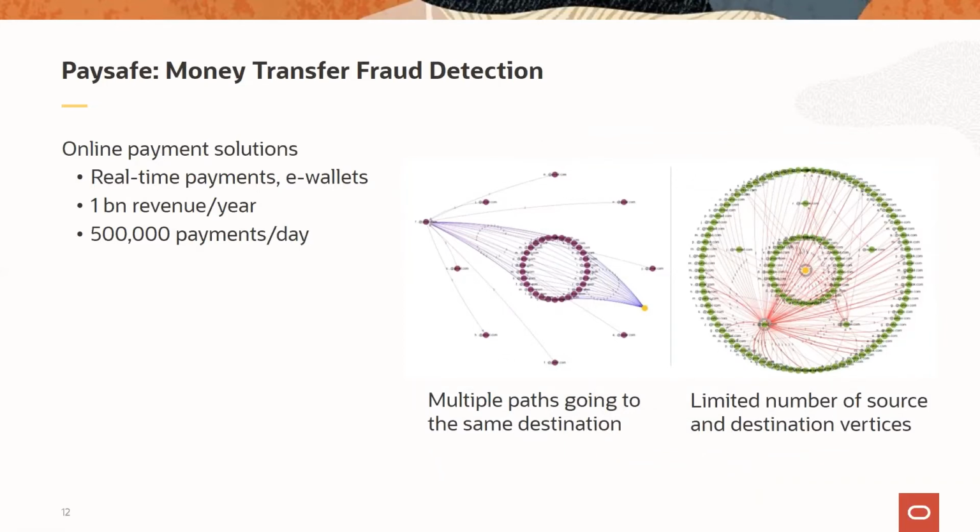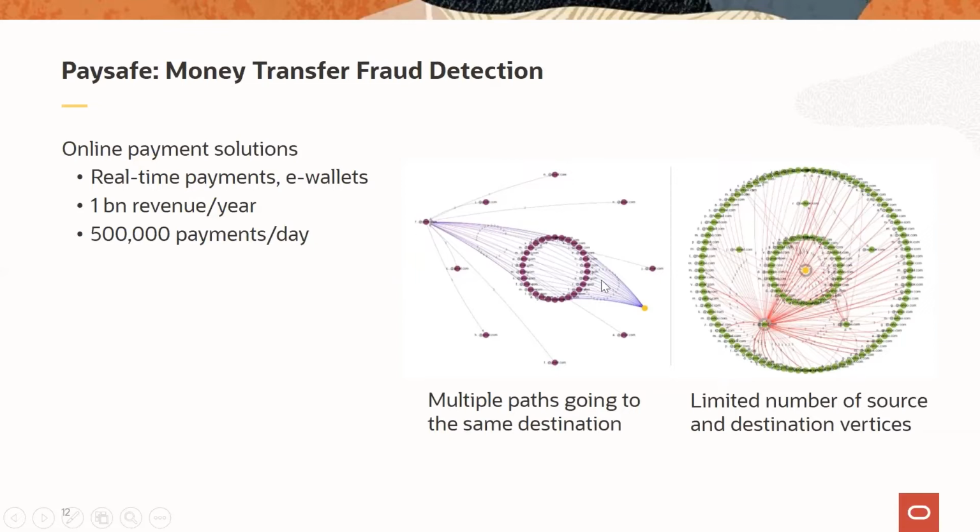You can see right away that the two figures here very intuitively tell you what is going on. In the first figure, you have a lot of edges going in from one source node to the destination node. So lots of money is being transferred in multiple transactions from this node to this node.